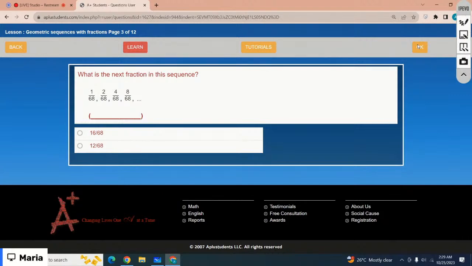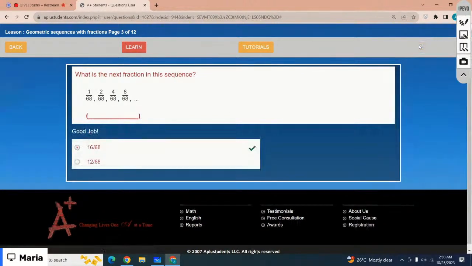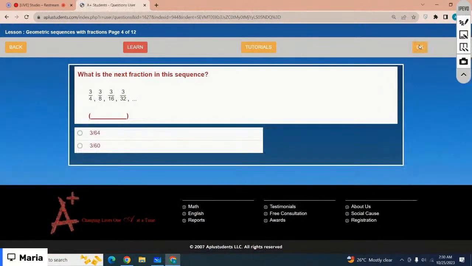The numerators are increasing by, yes, that would be 16 over 68. Very good. Yes, they are multiplying because they are geometric sequences.